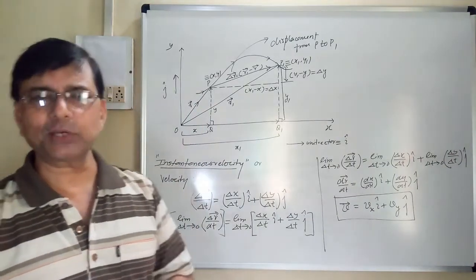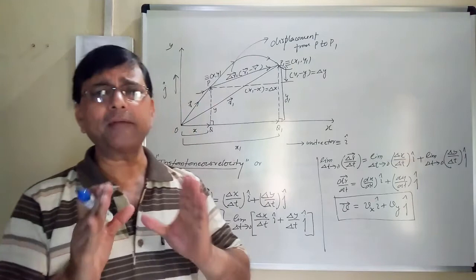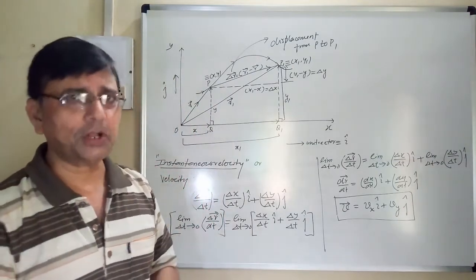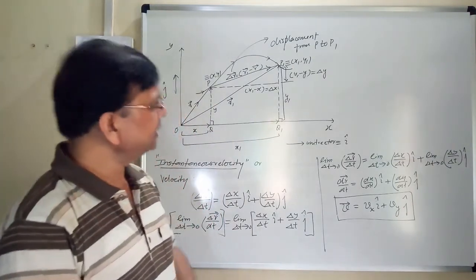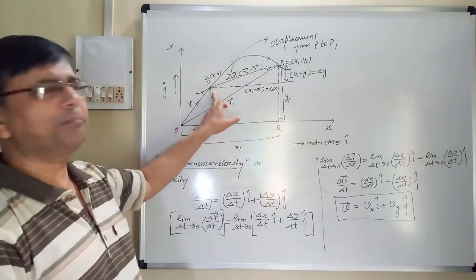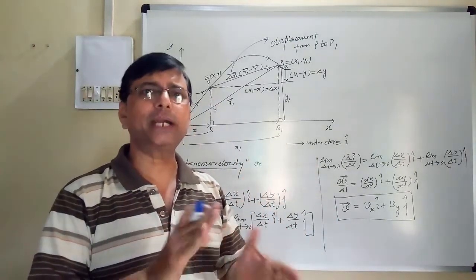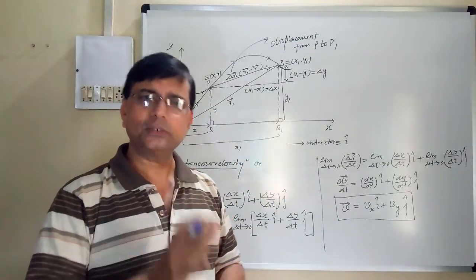So I think the concept of instantaneous velocity and average velocity is clear. Now I will give you the geometrical interpretation of instantaneous velocity. I told you P1 is approaching P. How the velocity is changing, magnitude and direction, I will let you know geometrically.